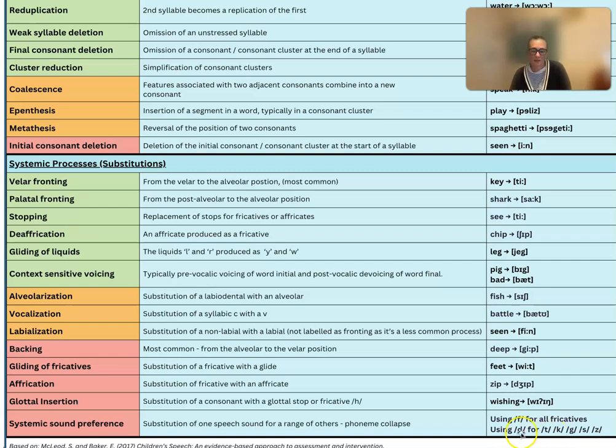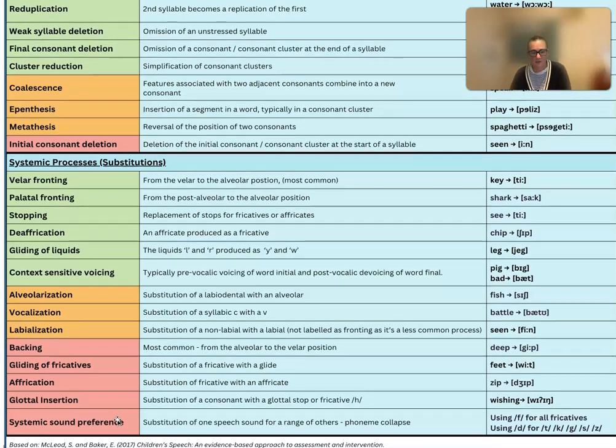So that would mean that they would be really hard to understand. Even though they've only got those quite common, typical processes, because they've got so many of them, we can classify those children as having a systemic sound preference, and that would push them into that phonological disorder, and that will be classified as a disordered process overall.